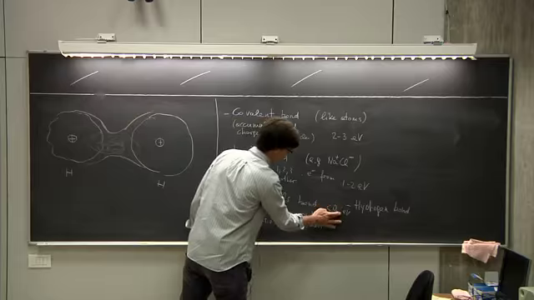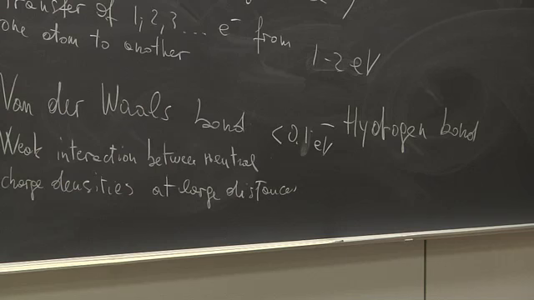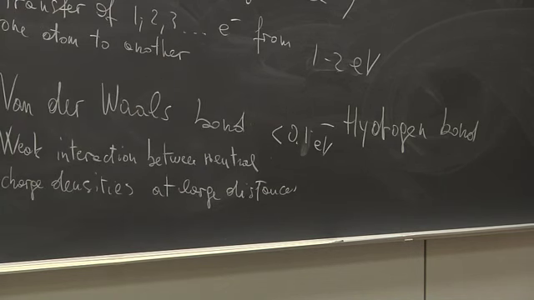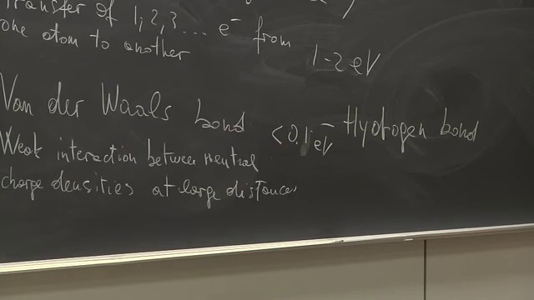Probably even less than that, 0.1. Again, there is no clear distinction between what is what, but typically these bonds are less than 0.1 electron volts per pair of atoms, of course. Per pair of atoms, right? So if you form a bond between macroscopic objects, the energy that you are playing with is much larger, of course, because you have to multiply times the number of pairs.